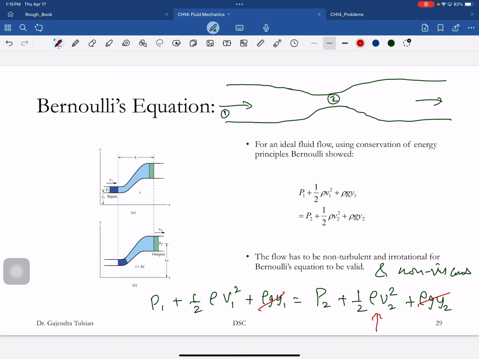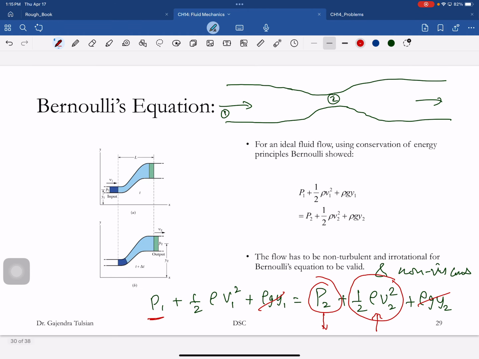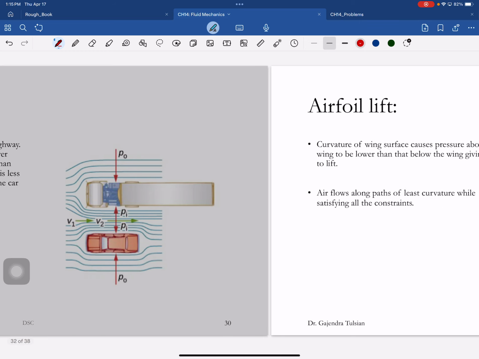This is higher than that, so this has to be lower than this. So what I want you to remember is when a fluid speeds up, the pressure at that location drops. So Mr. Bernoulli will tell you that. Everybody understand that? That's how you make planes fly.